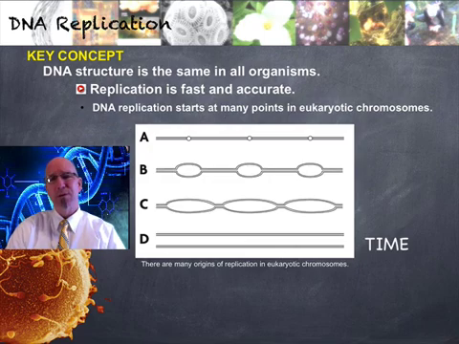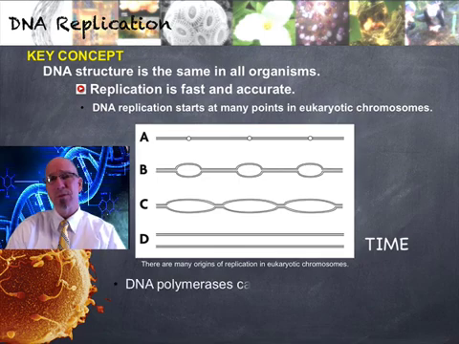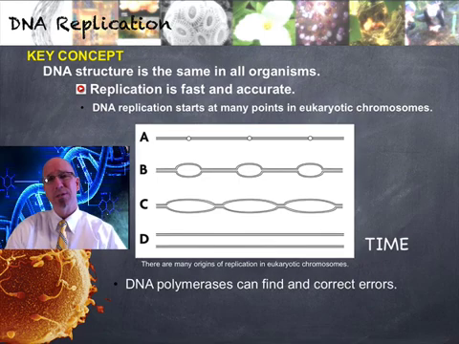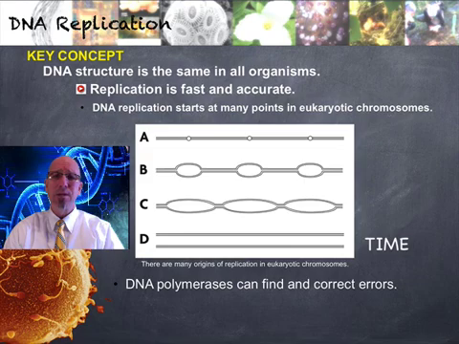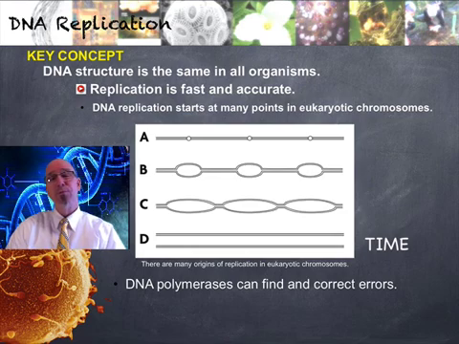If you're a bacteria and you only have about 8,000 base pairs, or maybe you've got 50,000 base pairs, and you can do it at 1,000 nucleotides a second, it's not going to take very long for you to make copies of your DNA. And that's one of the things that differs between eukaryotes and prokaryotes. It's a little more complex for us because we've got chromosomes. Our DNA is in chromosomes, remember. And one of the cool things about DNA is that if mistakes are made, DNA polymerase will proofread.